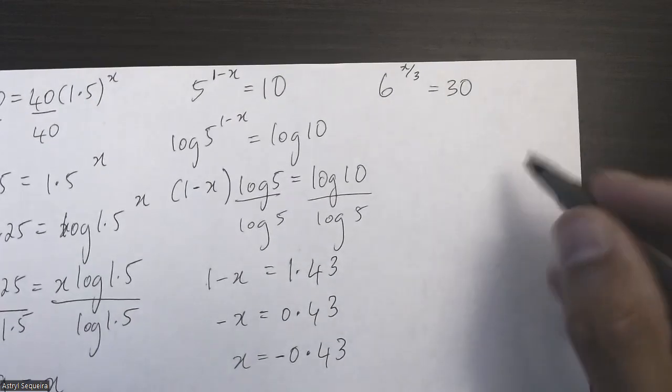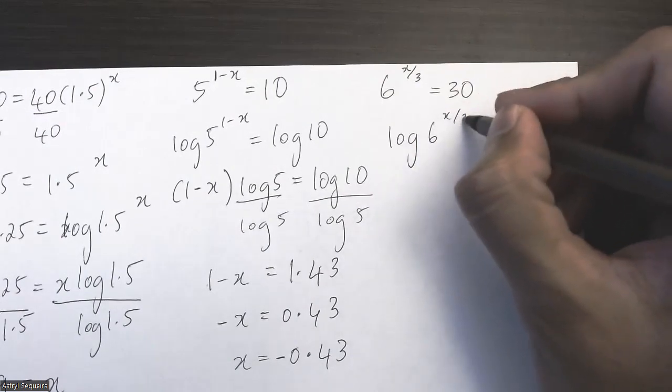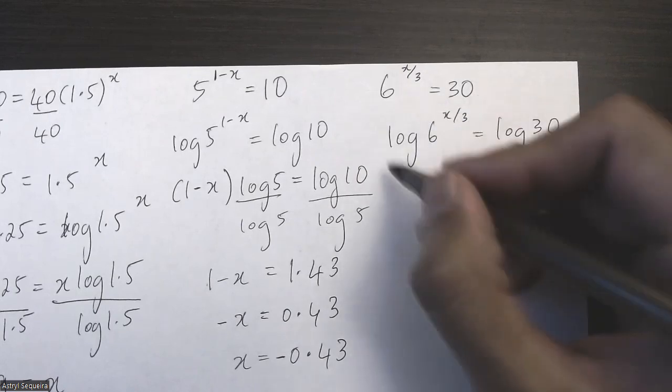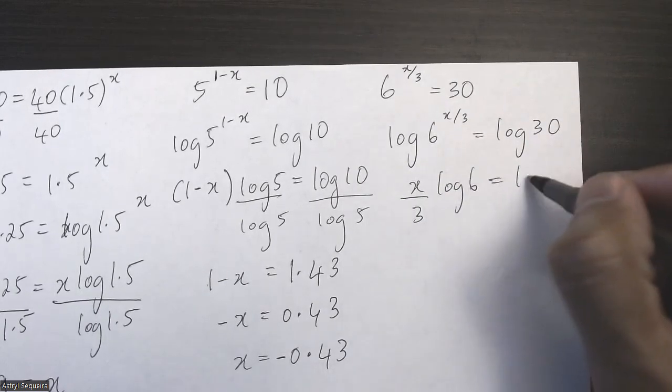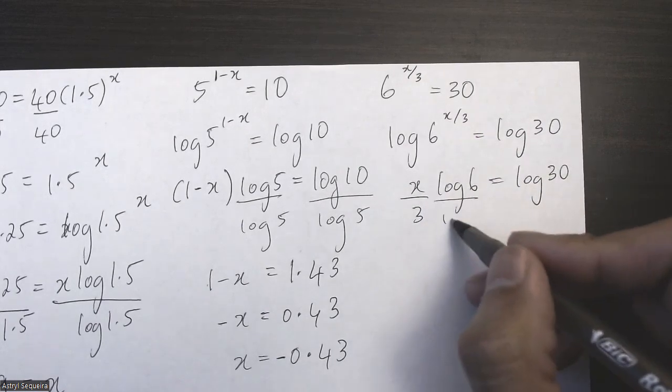Again, I'm going to start by logging both sides. I'll bring down my exponent. I'll divide log 6 on both sides.